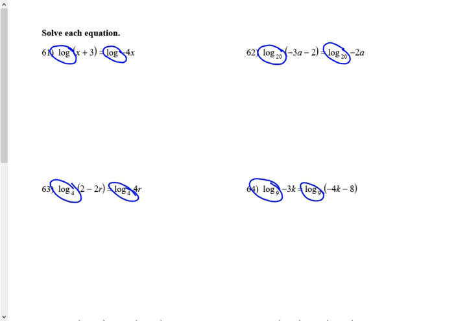You can remember, let's look at 62, that those are really exponents, and we can write it like that, where they would kind of cancel out. Or rather than even do that, let's just go ahead and we're going to write it like that.